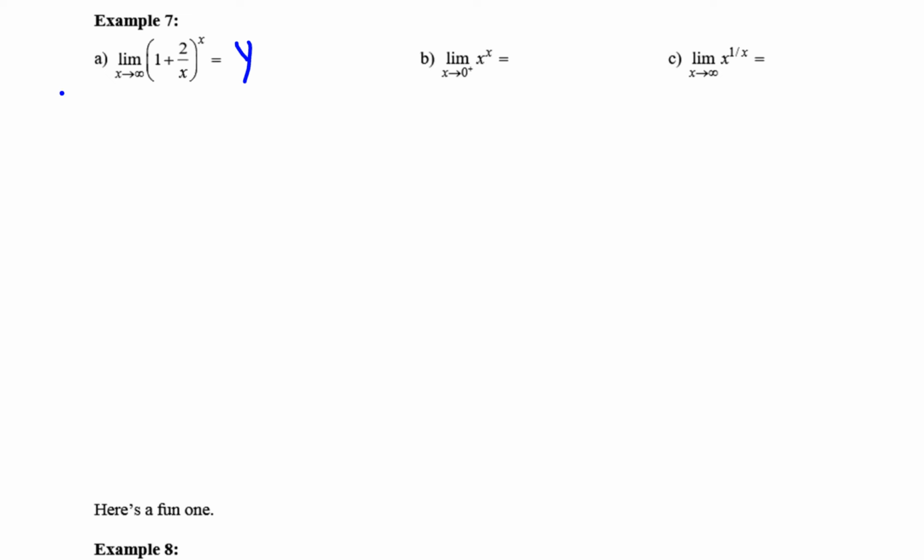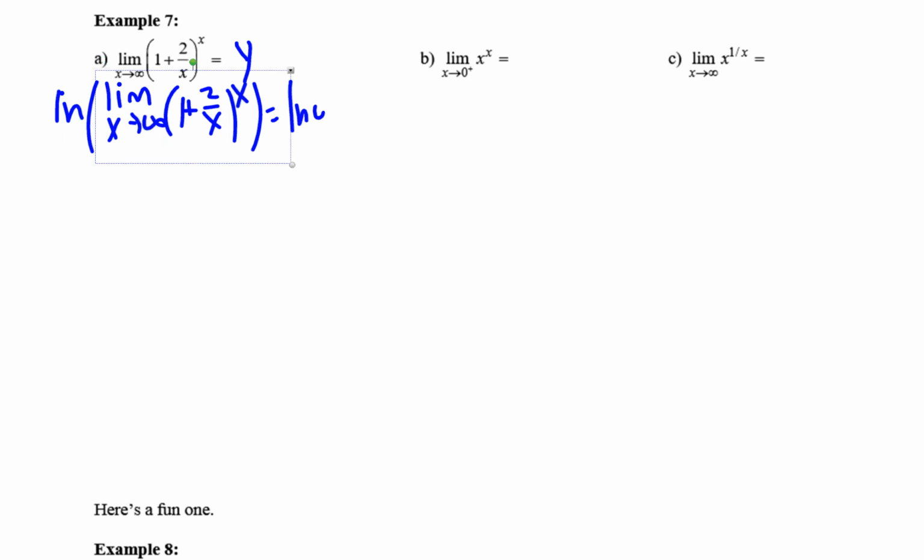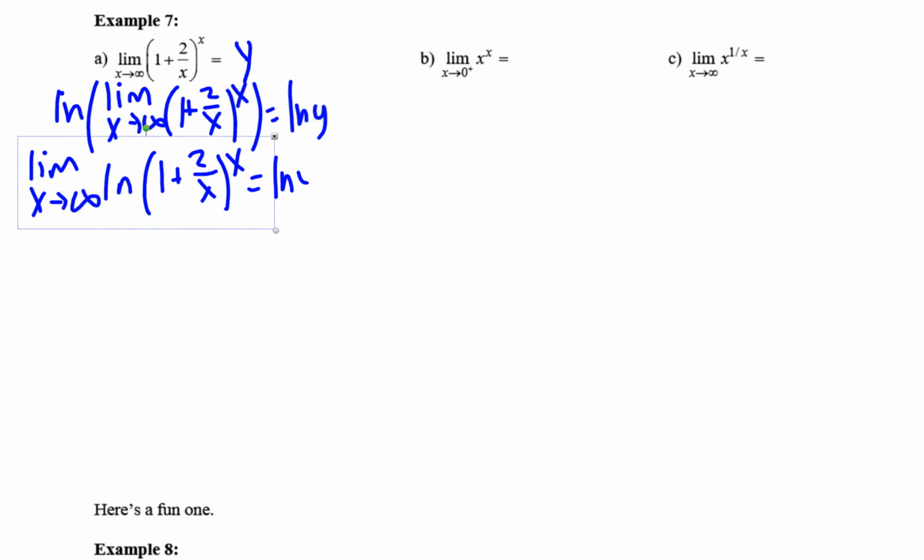What we're going to start out doing is taking the ln of both sides. And we can move that ln wherever we want. That's a property of limits. Now I can use properties of logs.